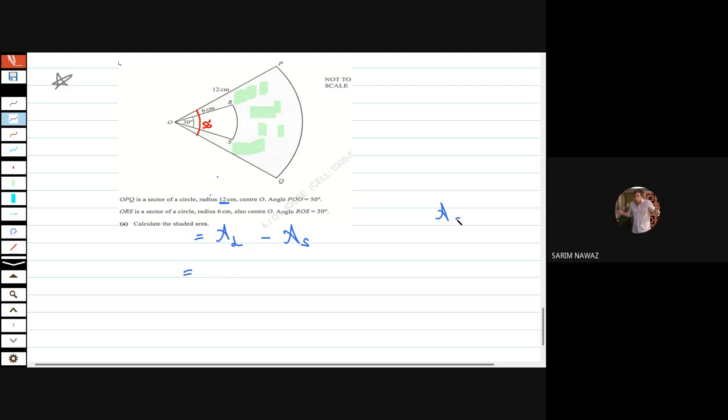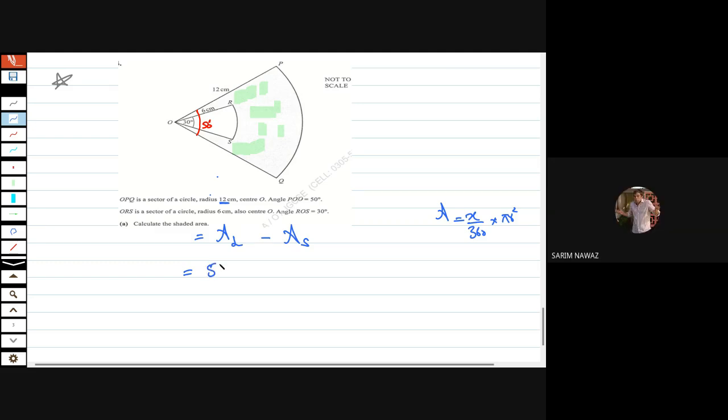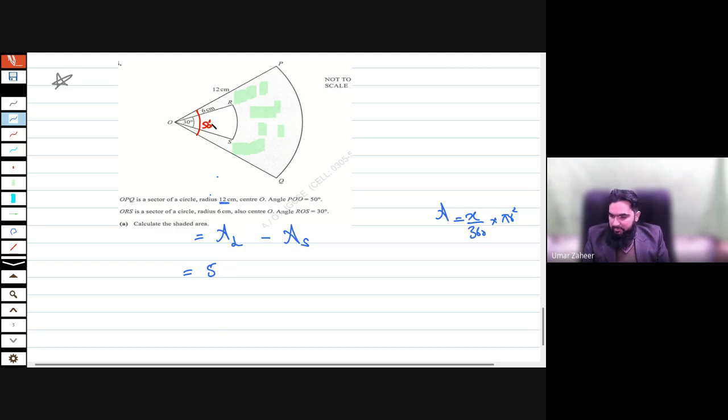Angle over 360 into pi r square. For the larger circle, what is the angle? It's 50. So 50 divided by 360 into pi r square.